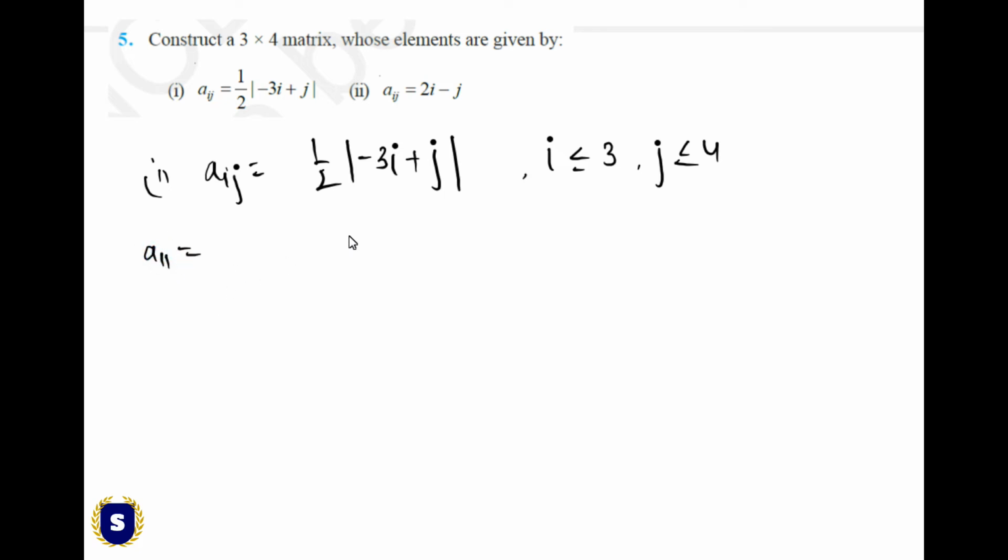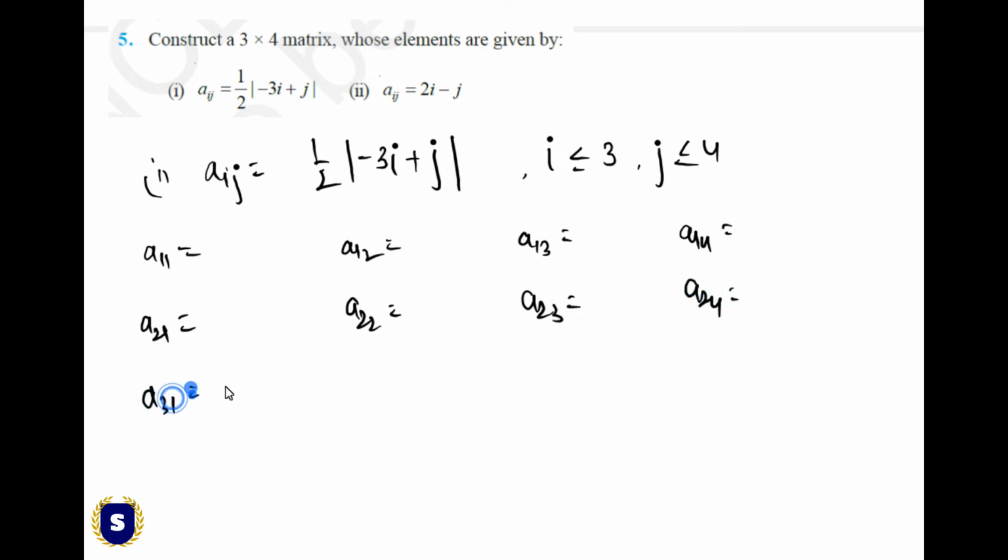A11, A12, A13, A14, A21, A22, A23 and A24, 31, 32, 33 and 34.